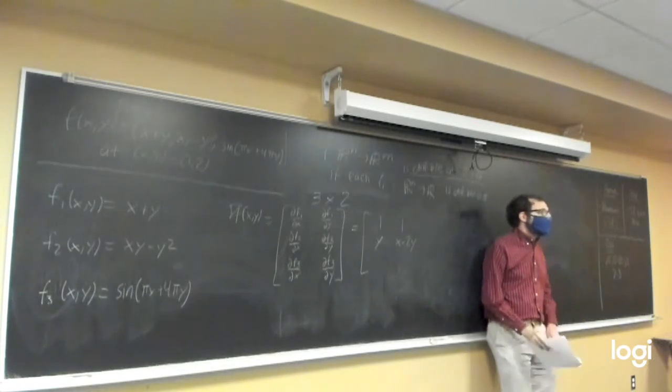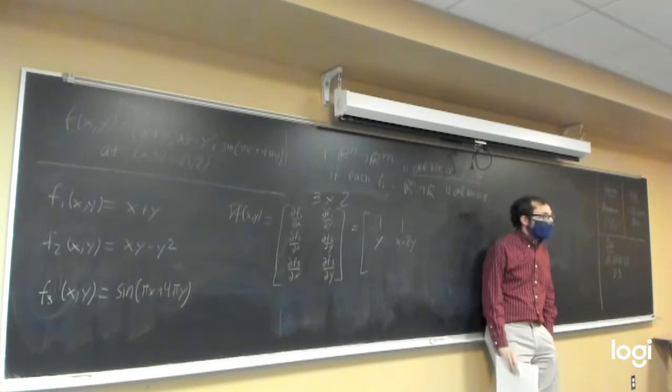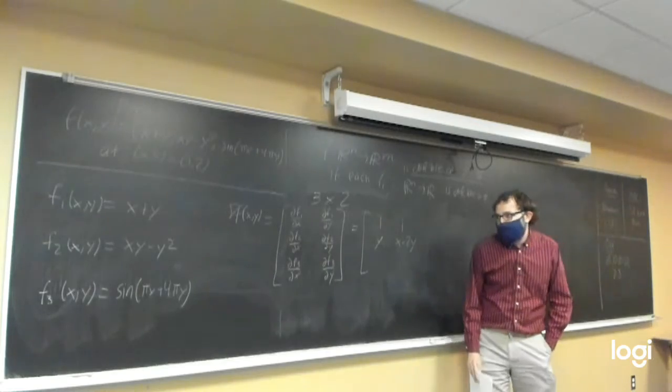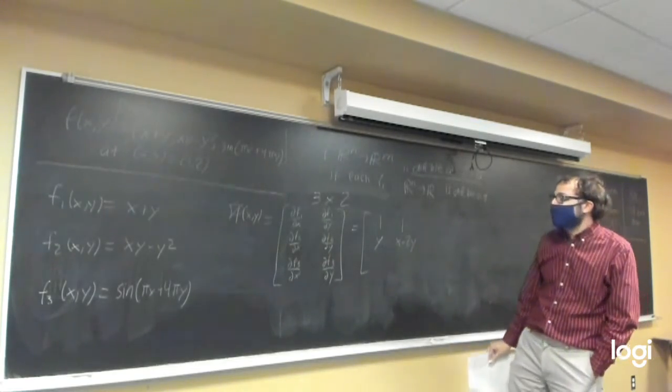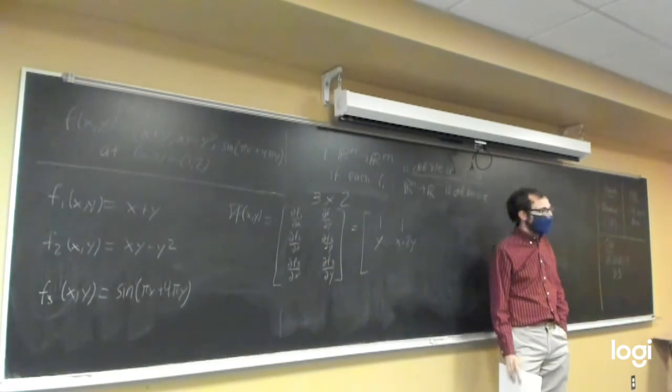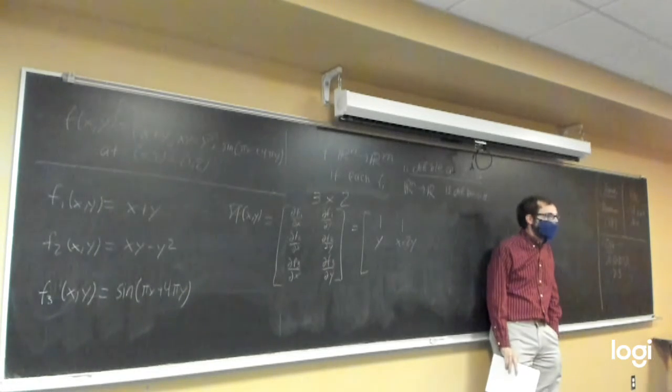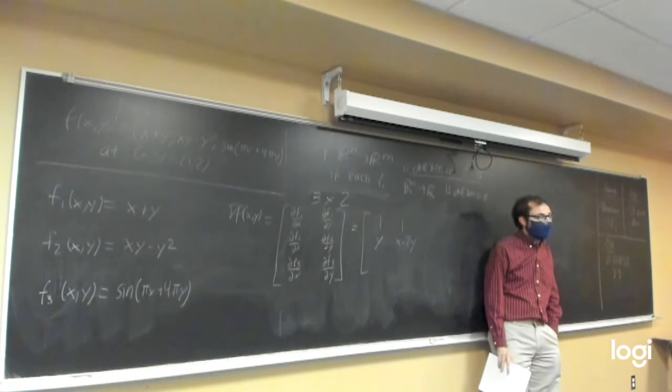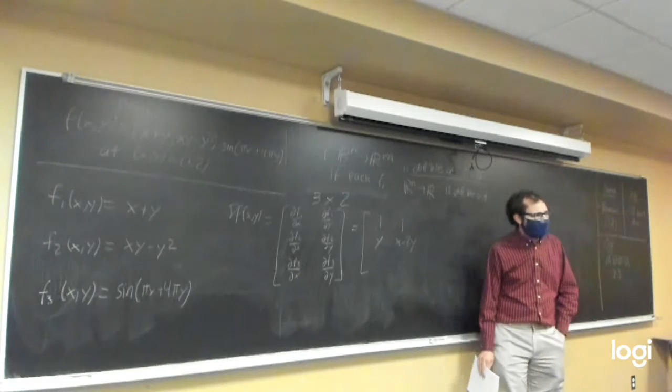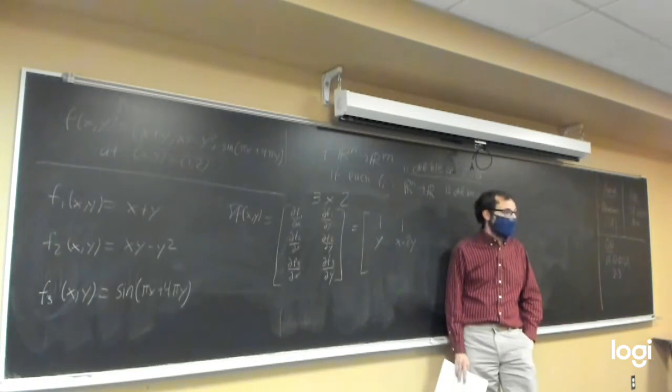And finally, how about the third one? f3 of x comma y is sine of pi times x plus 4 pi times y. I think this one we're going to need to use the chain rule on. But what would we get if we tried differentiating that with respect to x?